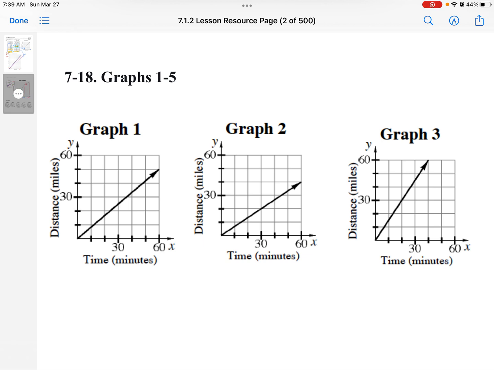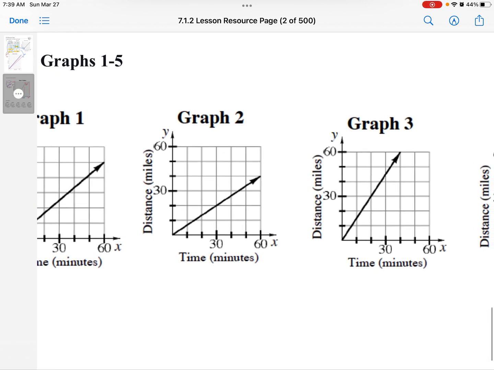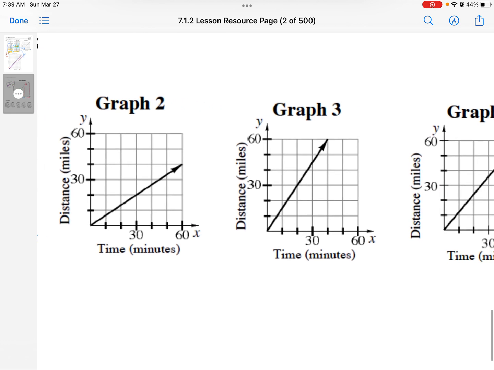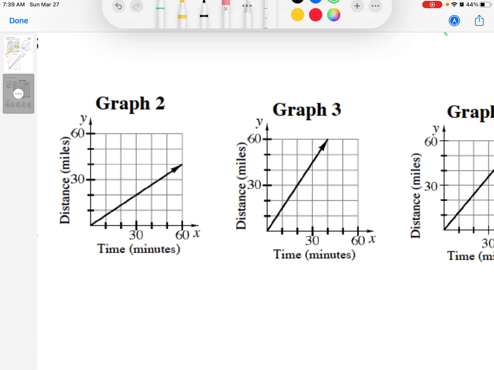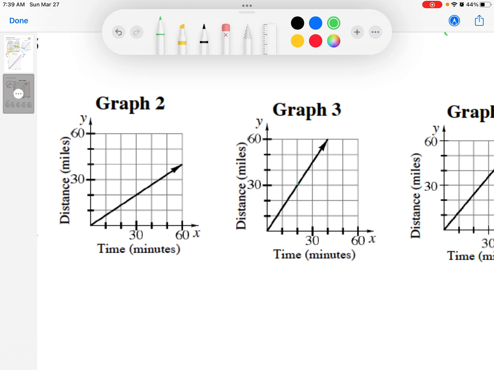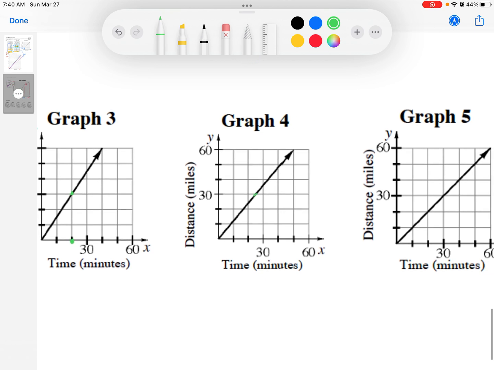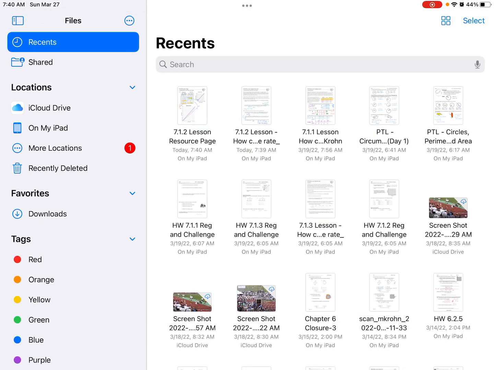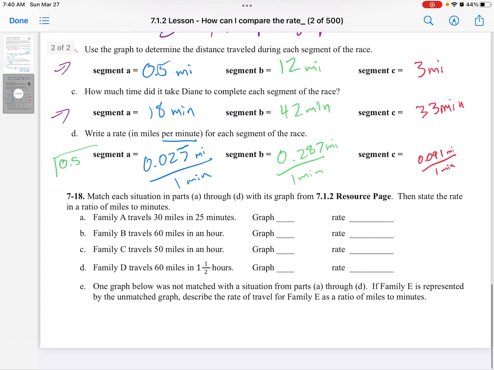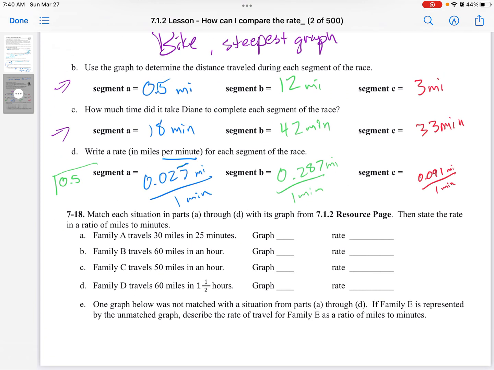Looks like maybe C did, but if we look, here's the 30 miles, and that's 20 minutes, so that's not quite right. It would be between 20 and 30, so graph 4 would be our first one.